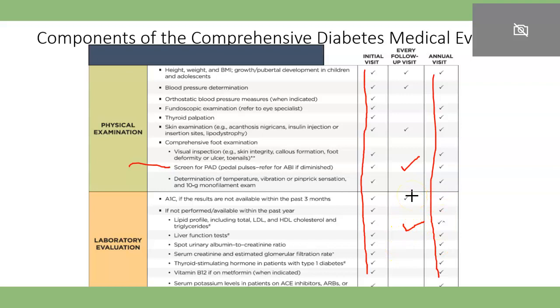The A1C you should get every 3 months. But if someone has hyperlipidemia and you put them on a statin, you don't want to go a whole year before you check them again. So you are going to check that. And remember, diabetes overlaps with a lot of different comorbidities, including hypertension and high cholesterol and thyroid issues.